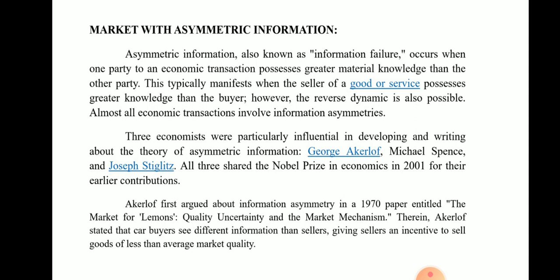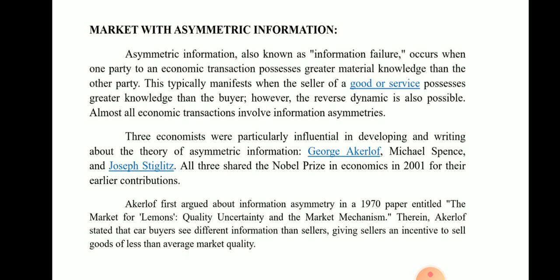Three economists were particularly influential in developing and writing about the theory of asymmetric information: George Akerlof, Michael Spence, and Joseph Stiglitz. All three shared the Nobel Prize in Economics in 2001 for their earlier contributions.